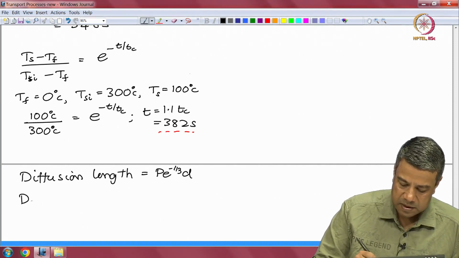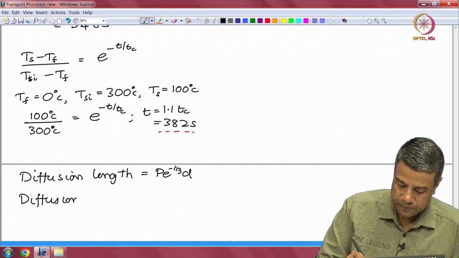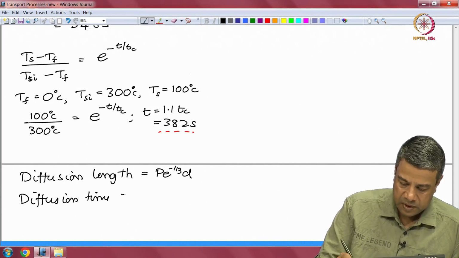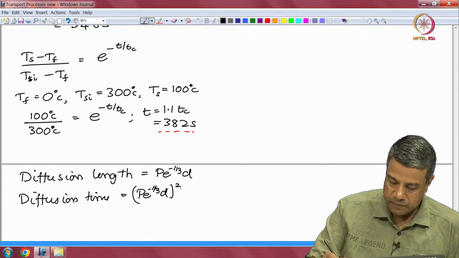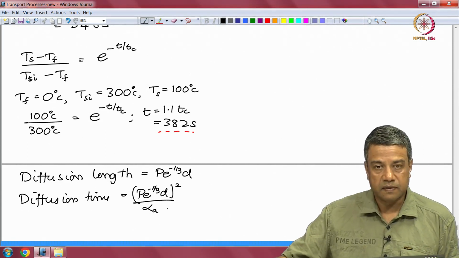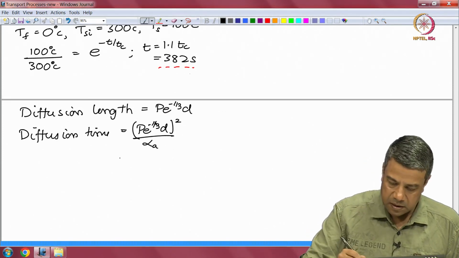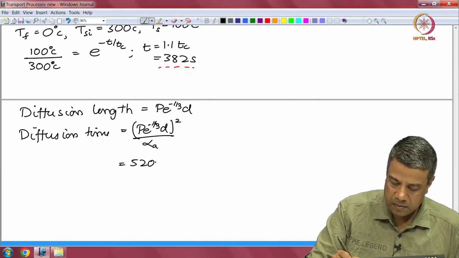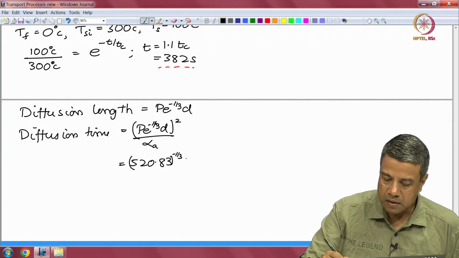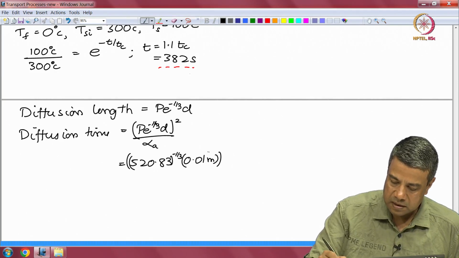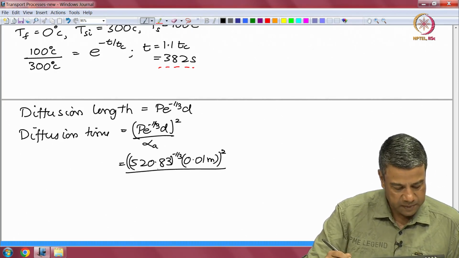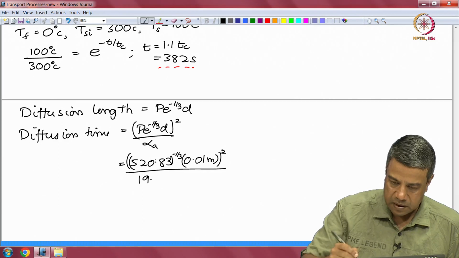That means that the diffusion time is equal to the diffusion length square by alpha. This is alpha of the air. This is going to be equal to 520.83 power minus 1 by 3 into the diameter of the sphere, which is 0.01 meter, the whole thing square, divided by, we had calculated, 1.